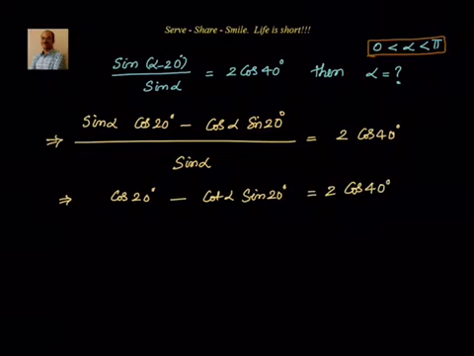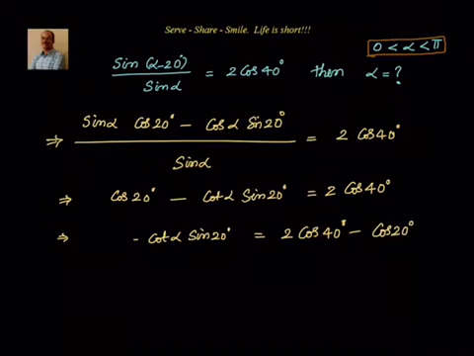degrees. Now our approach is to separate the angles. So I will write down minus cot alpha sine 20 is equal to 2 cos 40 degrees minus cos 20 degrees.